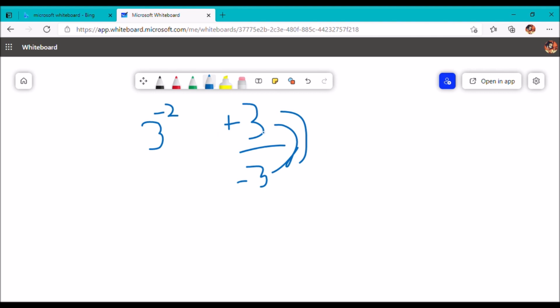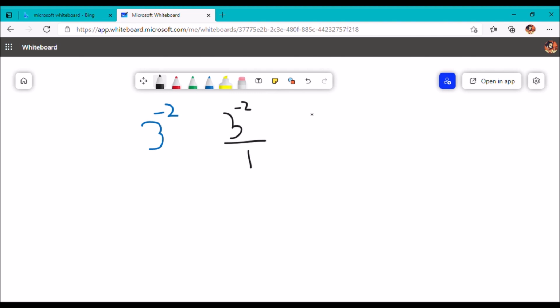So in index numbers, it is a bit different. The sign of the base doesn't change, but the index changes. So in normal numbers, usually the denominator is 1.